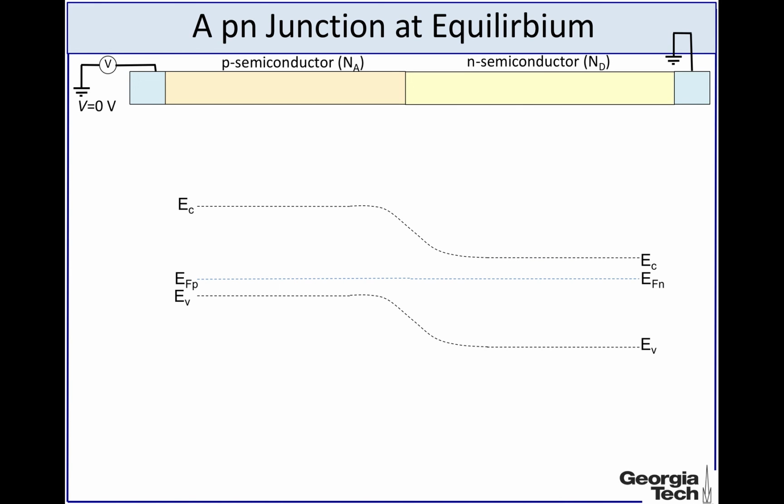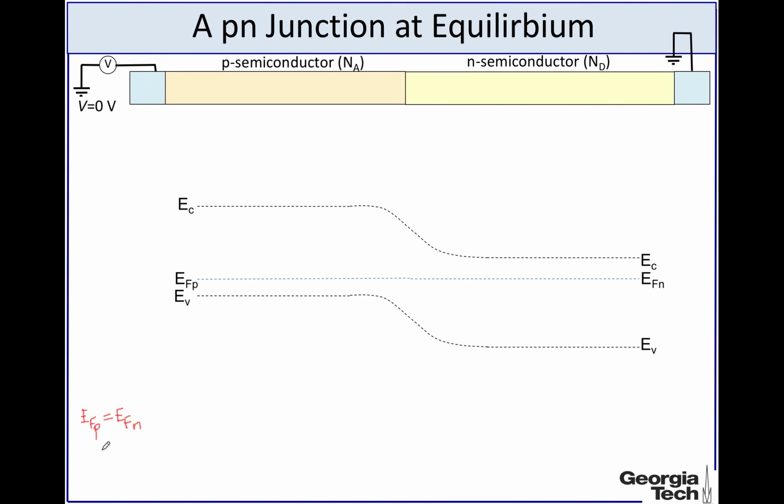Okay, so now let's look at how the band diagram changes as you apply a forward bias across the PN junction. This is the band diagram of the PN junction with zero applied voltage, at equilibrium. As we have said, at equilibrium the Fermi levels line up, meaning EFP is equal to EFN.